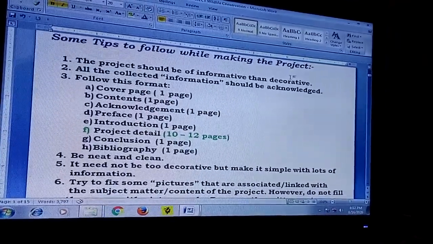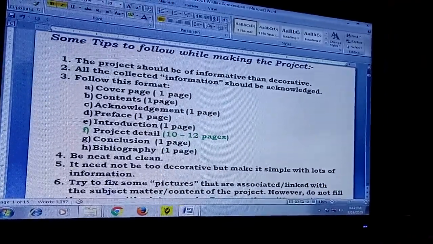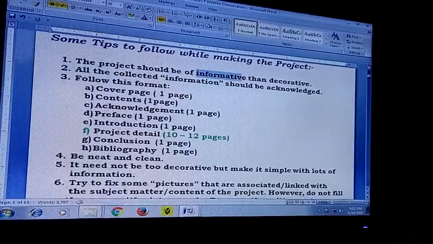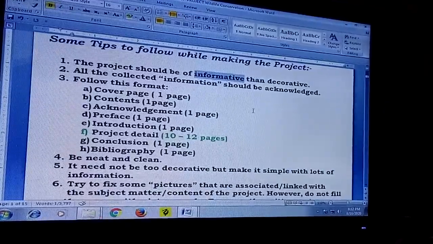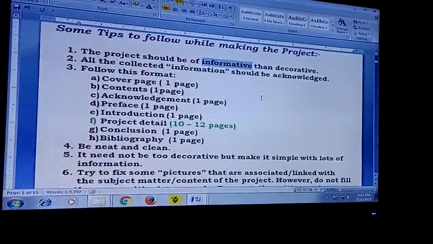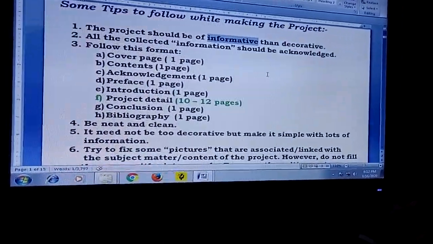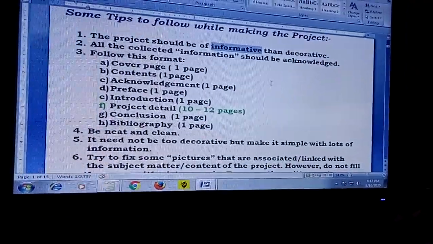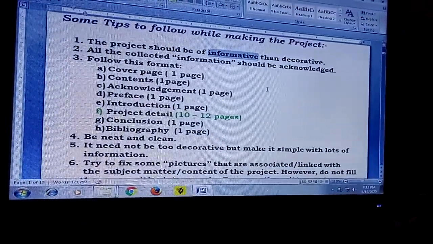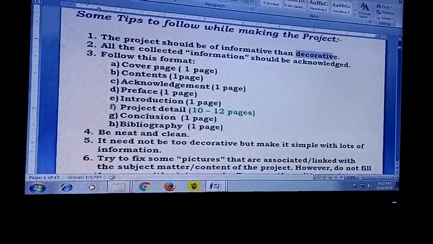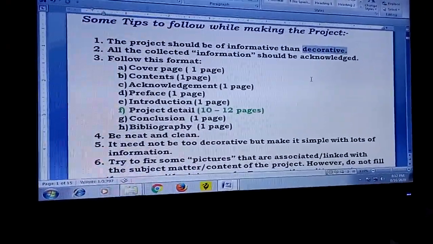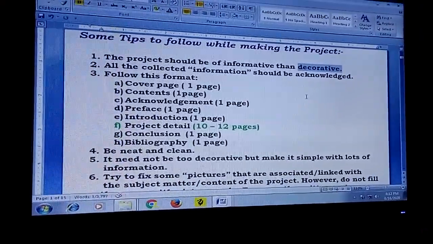First of all, dear children, remember your project is more informative. Informative means it is more content based. What you write, the subject matter, will be the priority. There should not be so much decoration. Like in a book, it is balanced, picture as well as content.